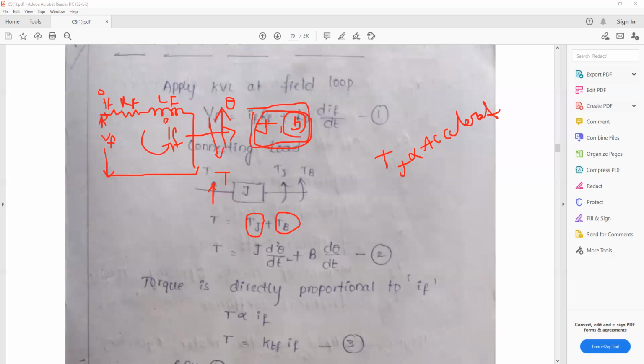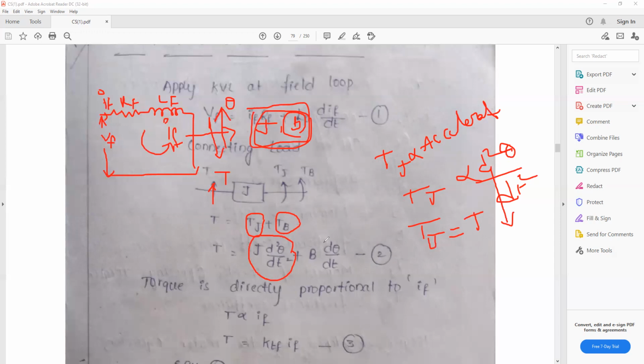What is angular acceleration? d square theta by dt square. So Tj is equal to J into d square theta by dt square.